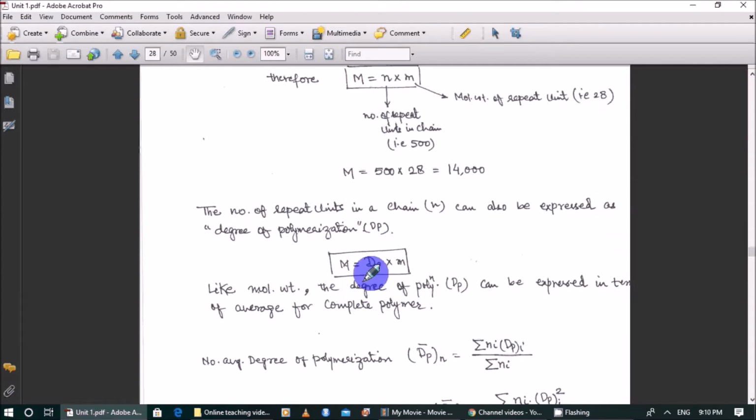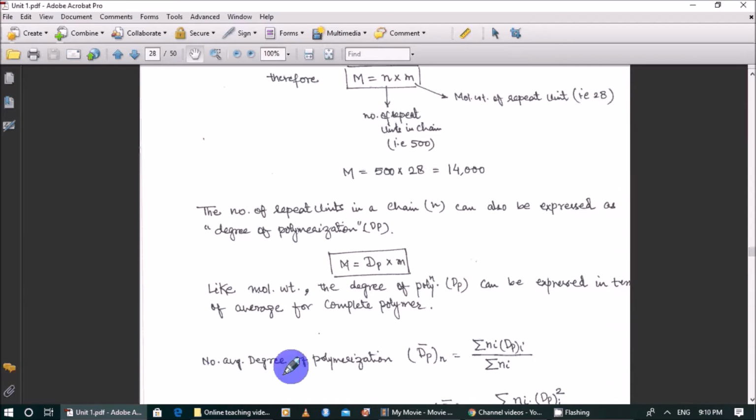This dP is for one particular chain, but if we consider the degree of polymerization for the entire polymer, then we have to express it in terms of average. So the number average degree of polymerization is very similar to the number average molecular weight.